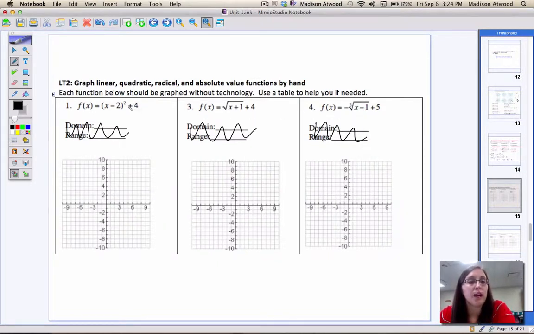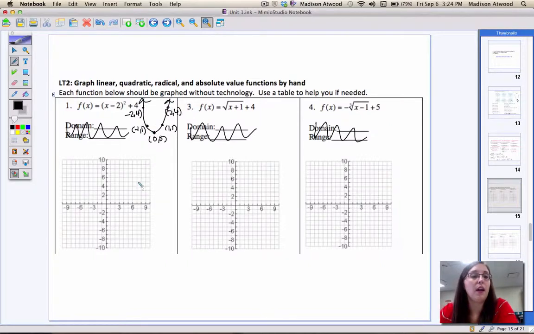So first one, x minus 2 squared plus 4. This is going to be a parabola. I know that normally this starts at 0, 0, goes to 1, 1, and negative 1, 1, and 2, 4, and negative 2, 4, that sort of idea in our parent function.